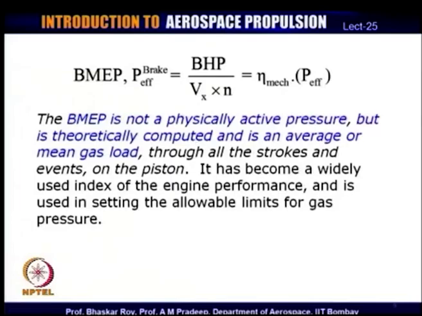So, it is a measure of the average mean gas load through which the piston operates, and it has become a widely used index of engine performance. As a result we need to keep an eye on this brake mean effective pressure for our understanding of how the piston cylinder arrangement works.